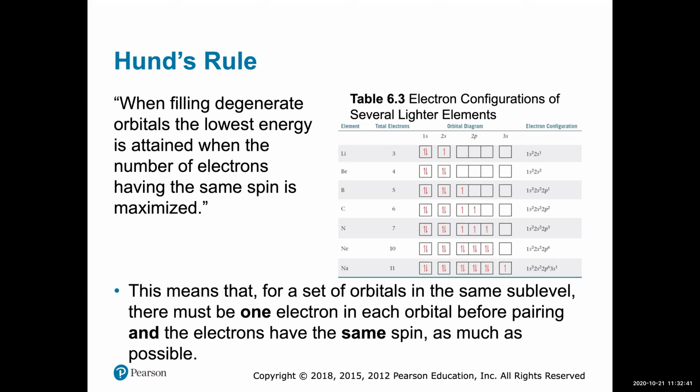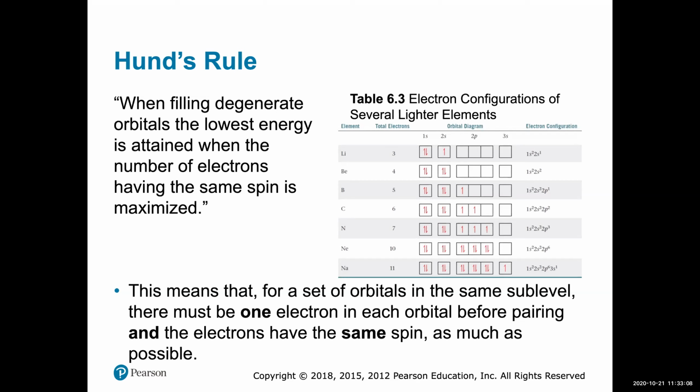So let's take a look at this example. Lithium's the one we just looked at briefly. It has 3 electrons. So we'd fill 1s with 2 electrons. Then the third electron goes into the 2s for our orbital diagram. In our electron configuration, that's represented as 1s2, 2s1.